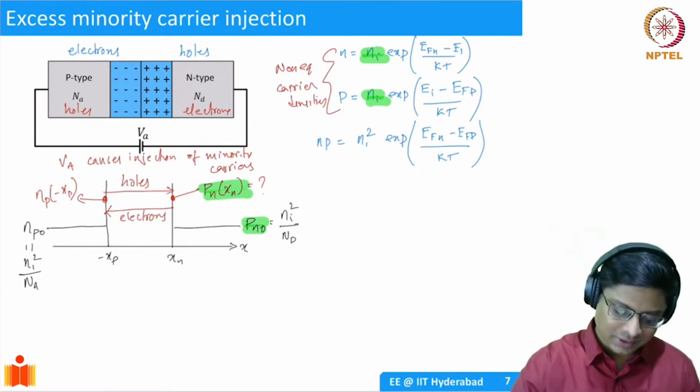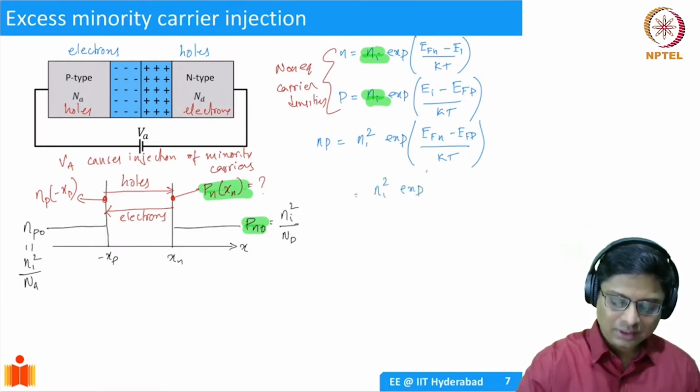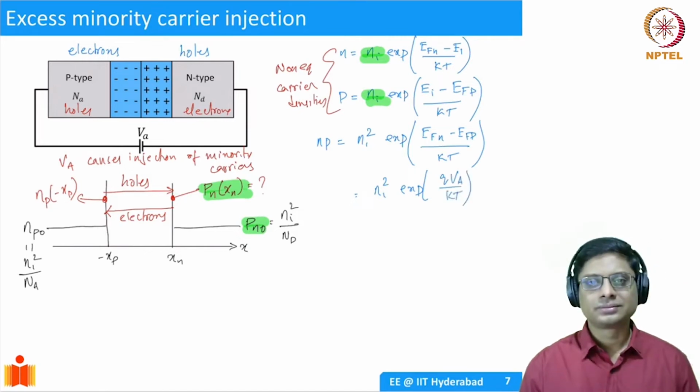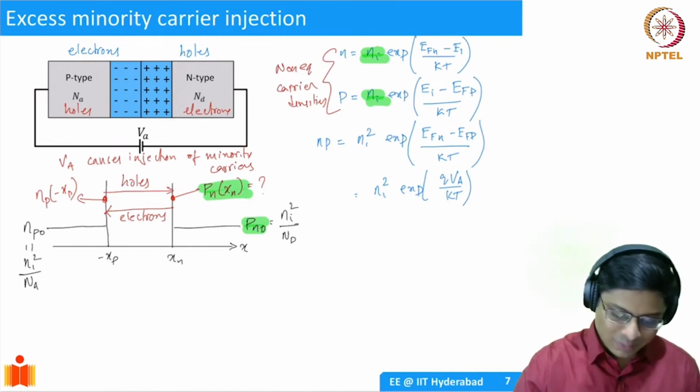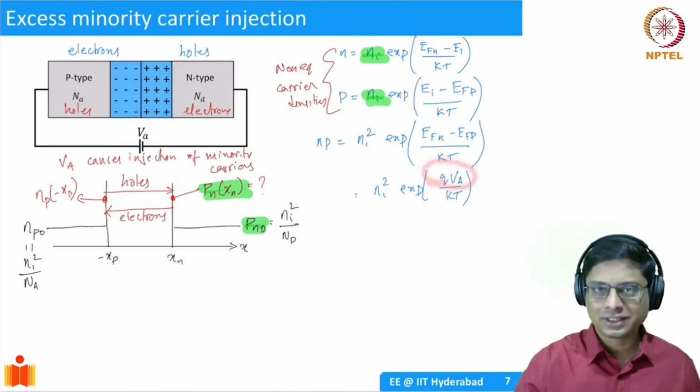And what is this? This is simply equal to ni square exponential of q times V applied divided by kT. How does this help us? Remember why I wrote applied voltage. You have to go back to the band diagrams we discussed in the previous video.